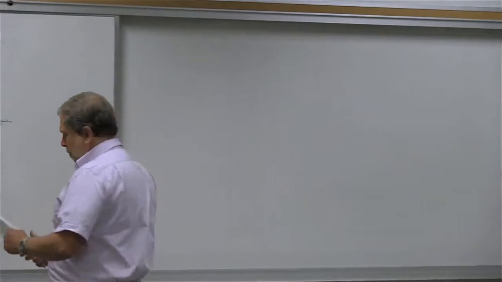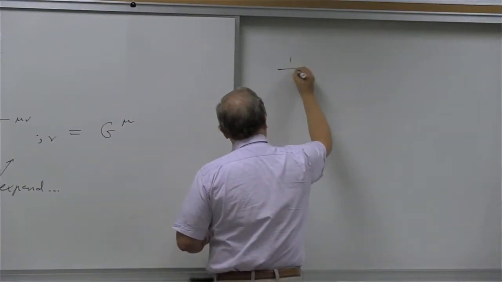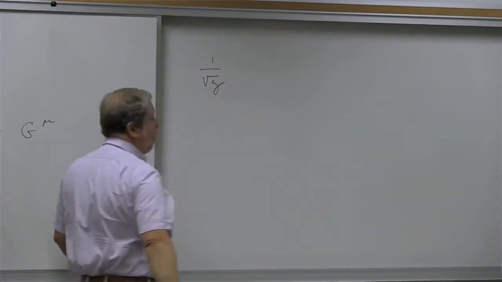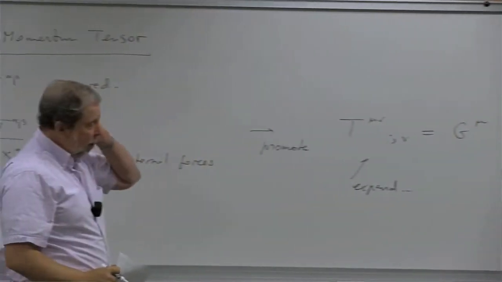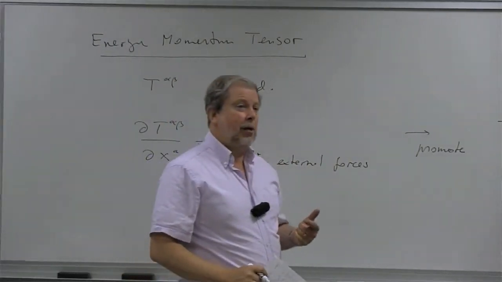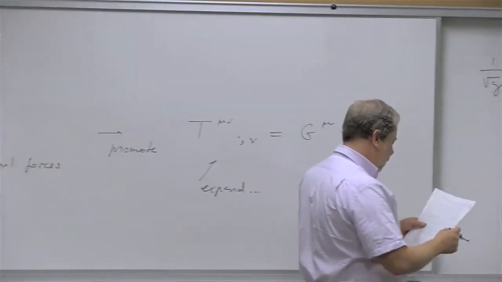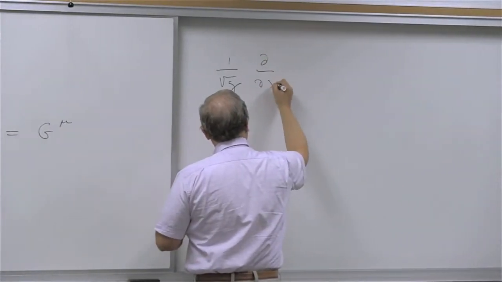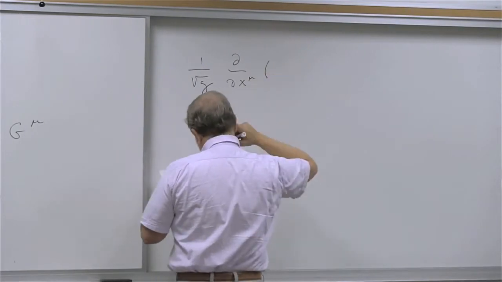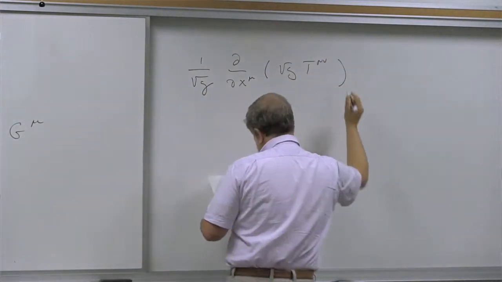The expanded form is 1 over the square root of g. Again, every time you have a divergence, you can rewrite that in terms of some appropriate ordinary derivatives and the determinant of the metric, or the square root of the determinant of the metric. And so in this case, you get the derivative with respect to x mu of the square root of g times T mu nu.